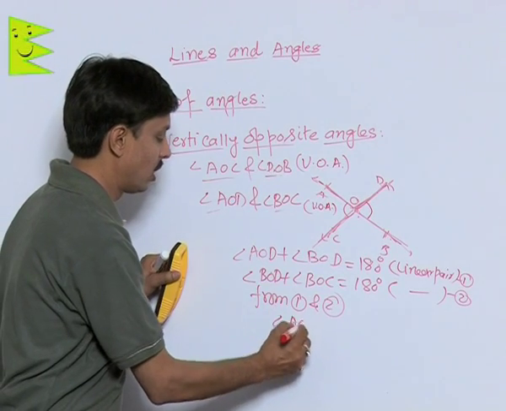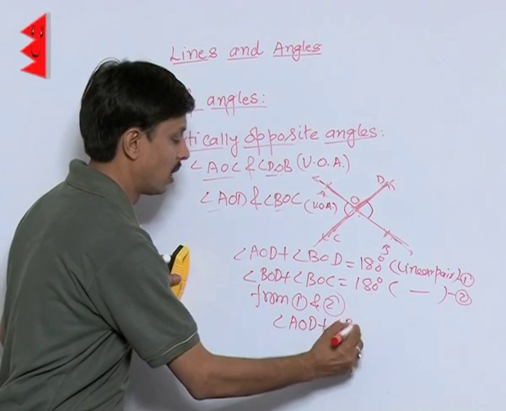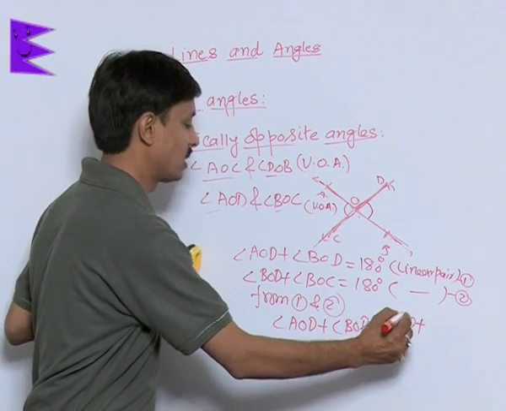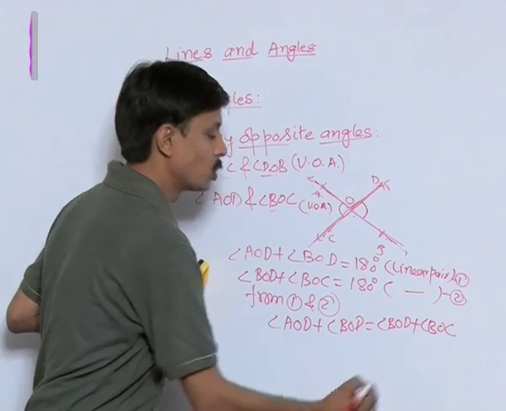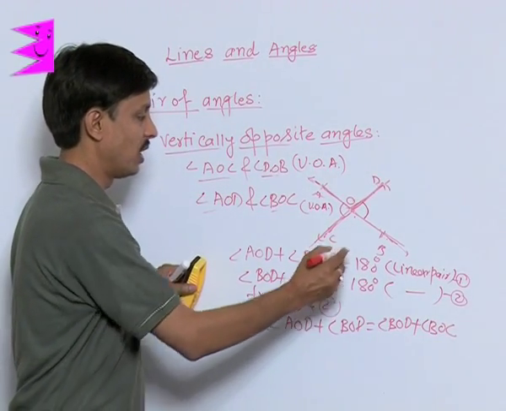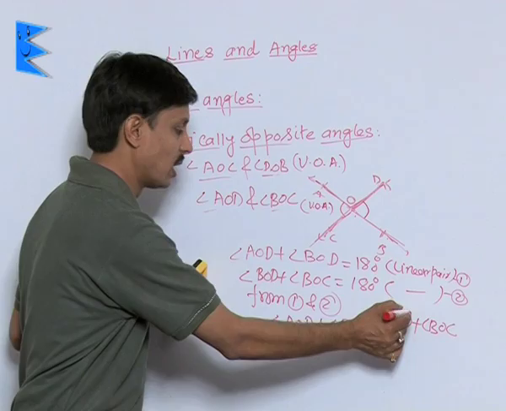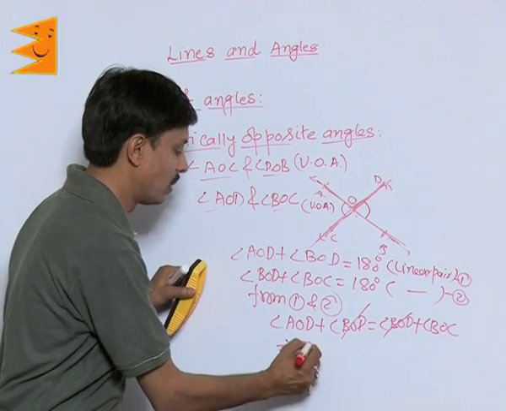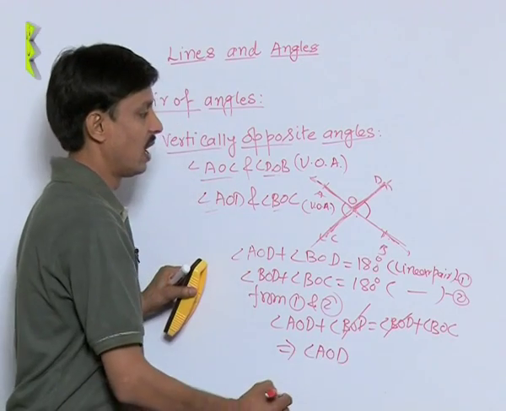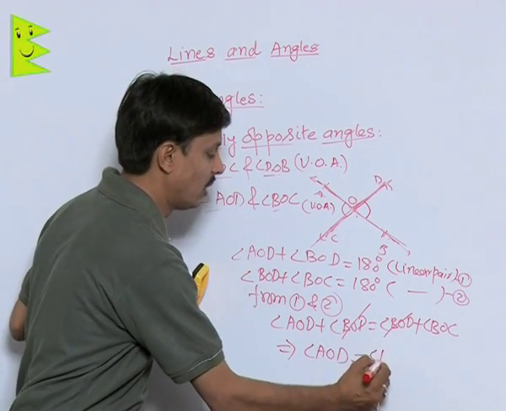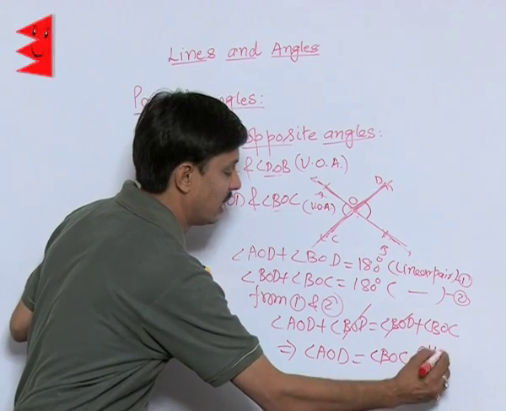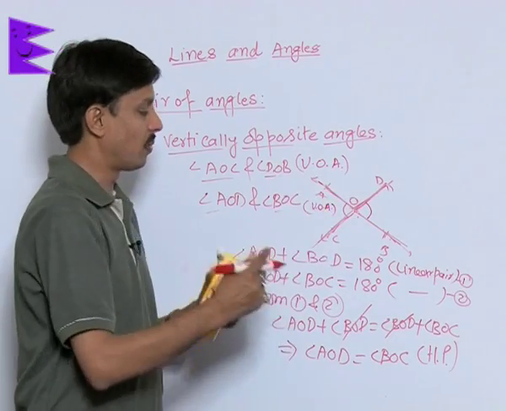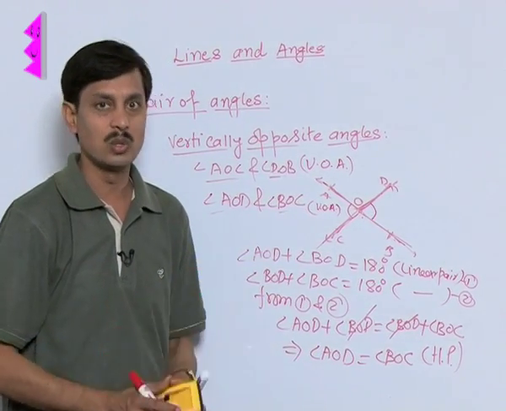Angle AOD plus angle BOD is the same as angle BOD plus angle BOC. Here BOD and BOD will cancel. So what will I get? This implies angle AOD is equal to angle BOC. Hence proved. Similarly, I can prove that the second pair of vertically opposite angles is also equal.